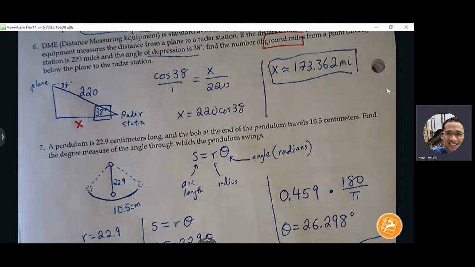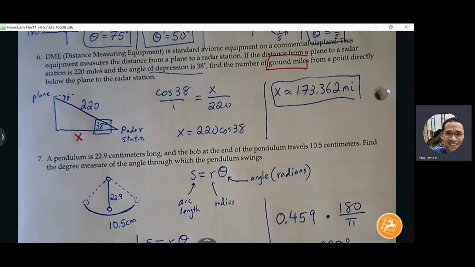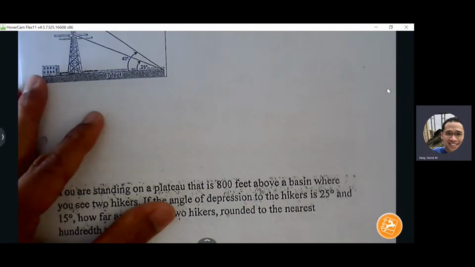I do want to point out one more type of word problem with you. On the other packet, I put some more word problems towards the back, and it's the ones involving the 2 triangles, the double triangles.